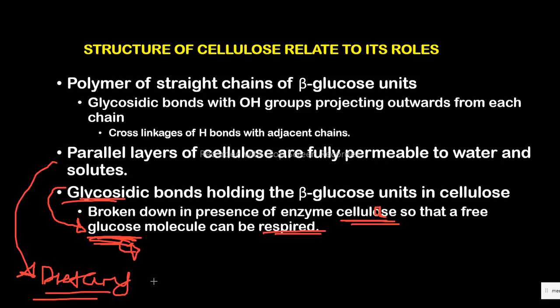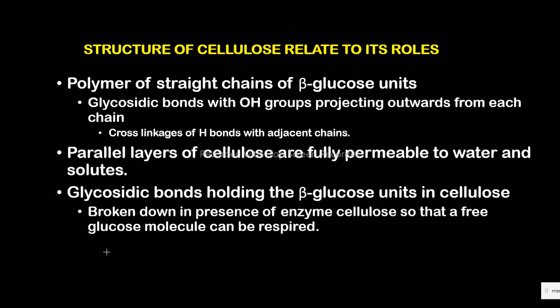It's good, you read about the importance of dietary fibers. But it won't be digested, because you don't have this enzyme. Similarly, cows and other herbivores don't produce the enzyme cellulase.